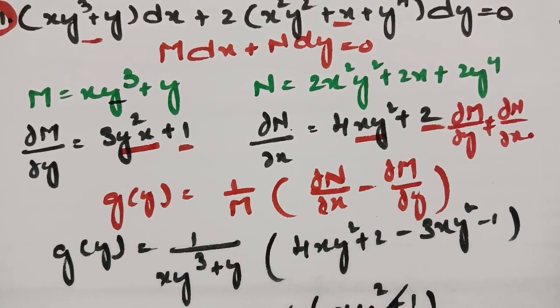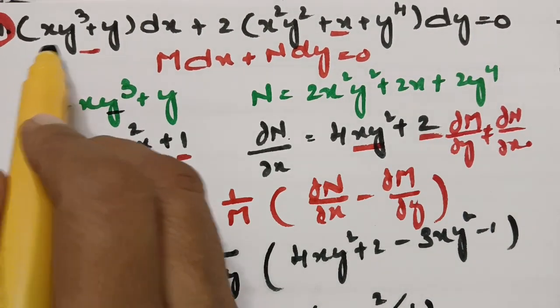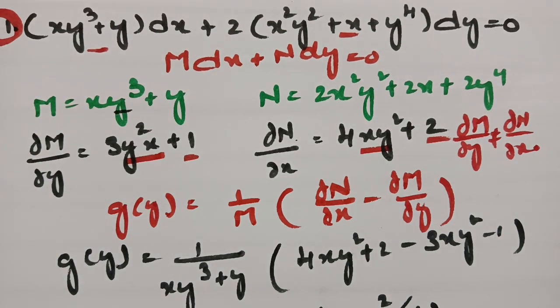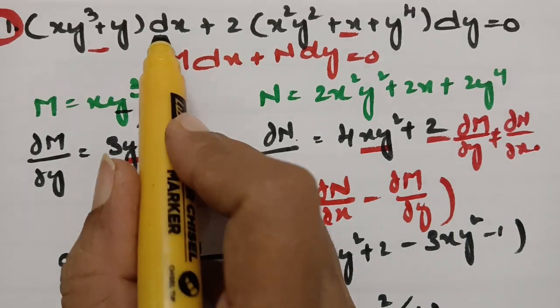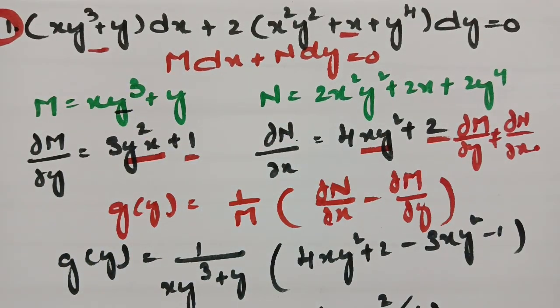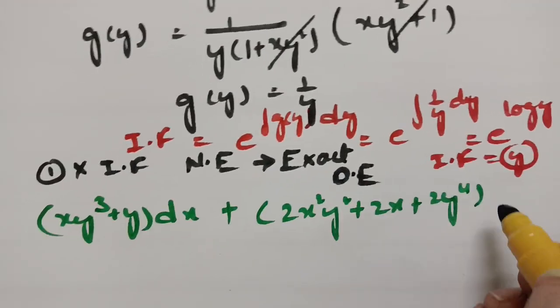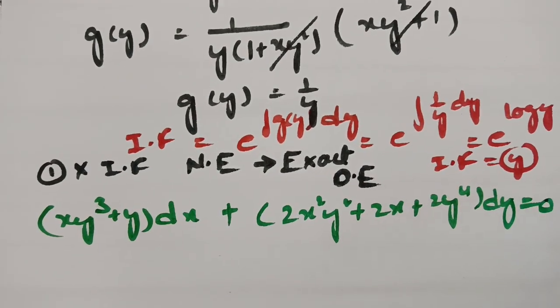The question is (xy cube plus y) dx plus 2 times (2x square y square plus 2x plus 2y power 4) dy is equal to 0. So this is equation 1.